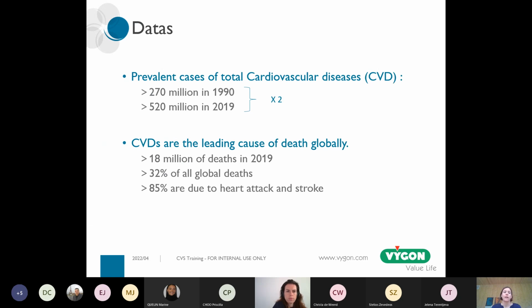Some data: prevalent cases of total cardiovascular disease were 217 million in 1990, and in 2019 it was 520 million. So it doubled. It's very huge, and cardiovascular disease is the leading cause of death globally. So the market is very important.